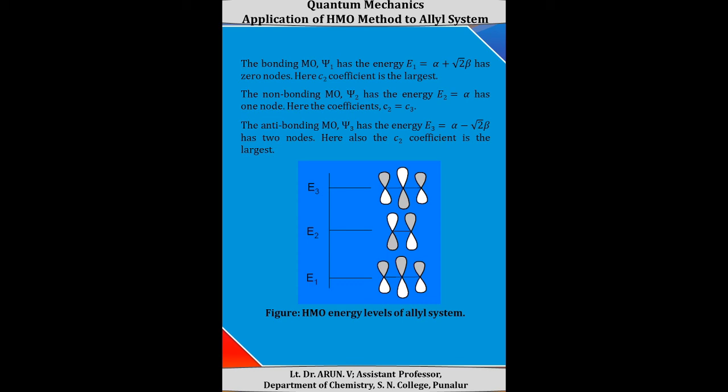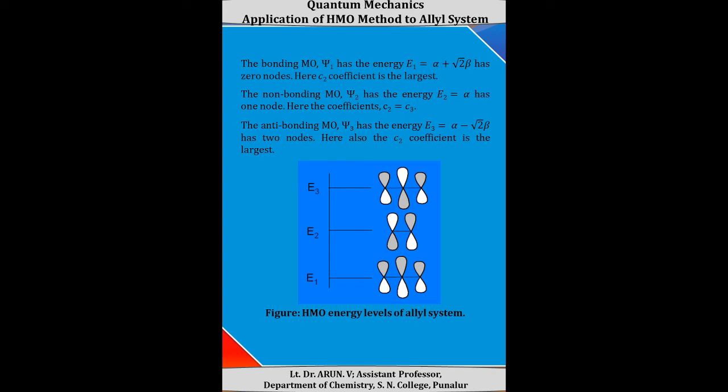Here the C2 coefficient is the largest. The non-bonding molecular orbital psi2 has the energy E2 equal to alpha, has 1 node. Here the coefficient C1 is equal to C3. The antibonding molecular orbital psi3 has the energy E3 equal to alpha minus root 2 beta, has 2 nodes. Here also the C2 coefficient is the largest.